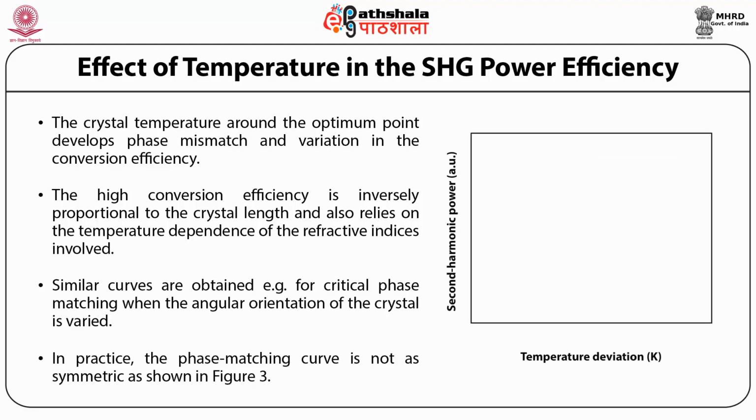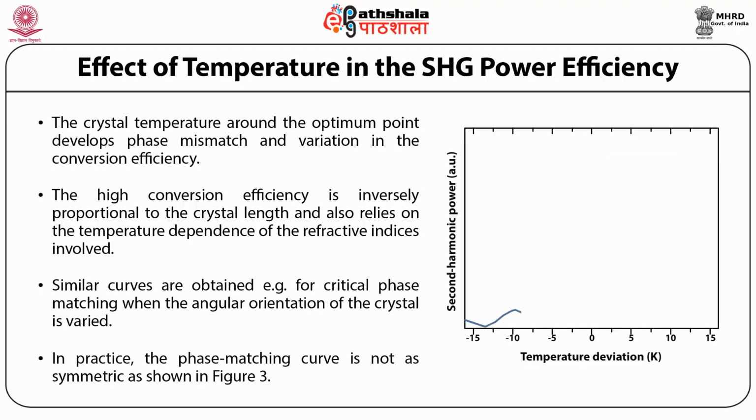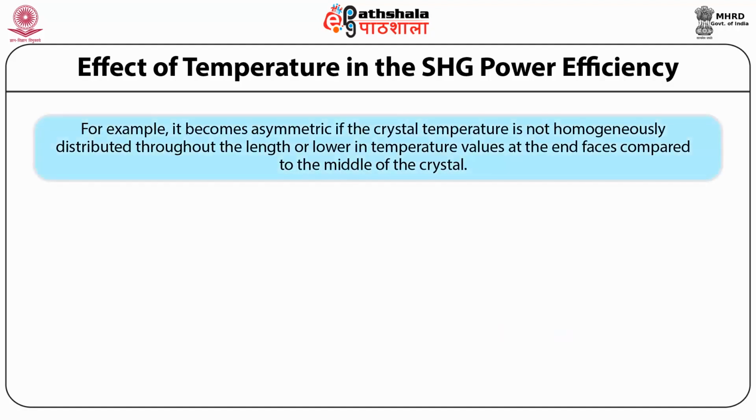In practice, the phase matching curve is not as symmetric as shown in the figure. For example, it becomes asymmetric if the crystal temperature is not homogeneously distributed throughout the length, or lower in temperature values at the end faces compared to the middle of the crystal.